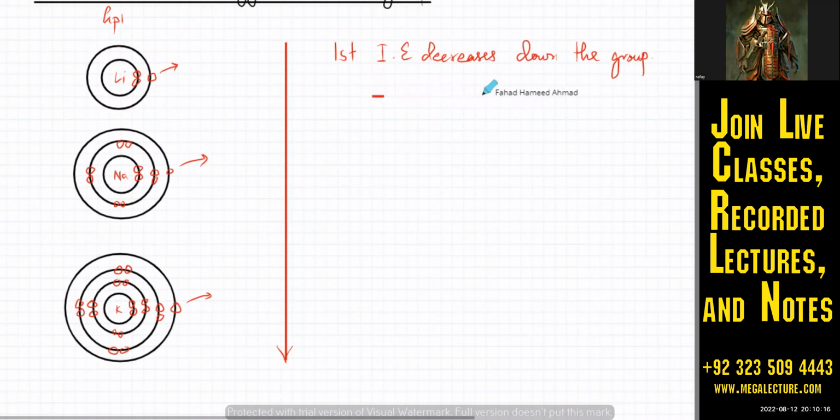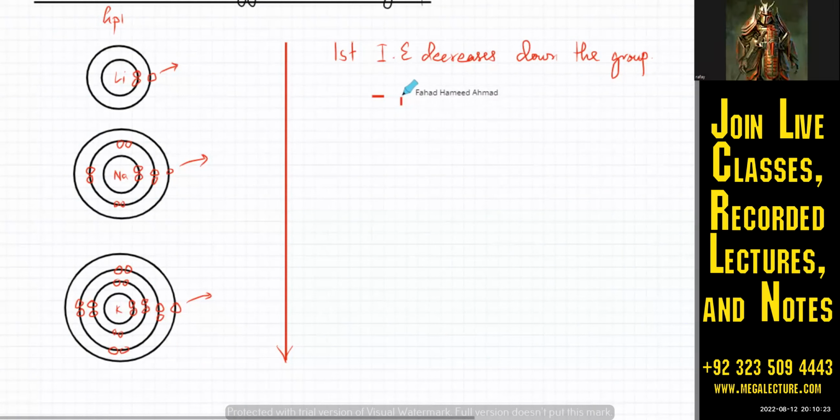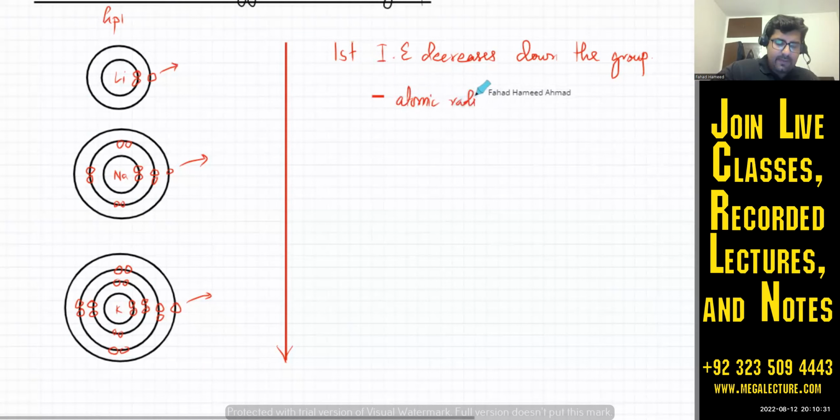The atomic radius increases. That's the first one: atomic radii increase, and the electron becomes further away. Plus, because of that, shielding also increases.